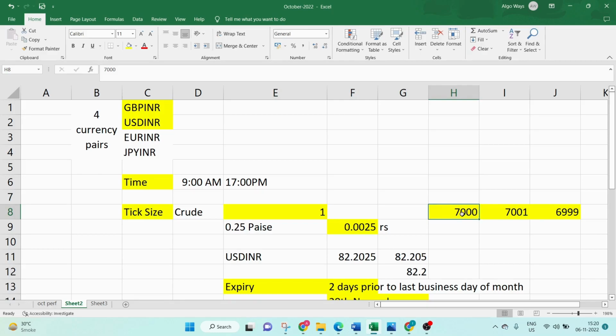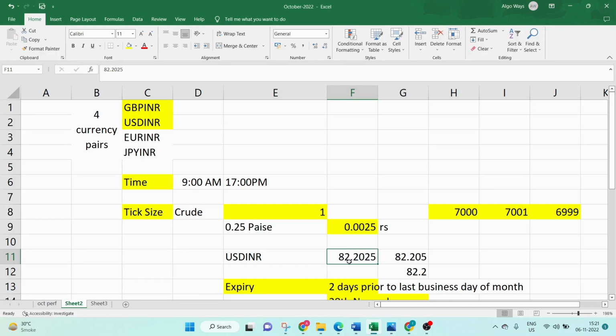0.05, and if we talk about CDS, the tick size is 25 paise, which is 0.0025 rupees. So for example, if you take USD INR, if it is trading at 82.2025, it will always be up to 4 decimal points, because it is trading with 25 paise listing as a tick.